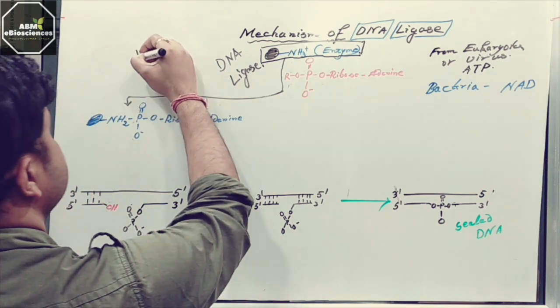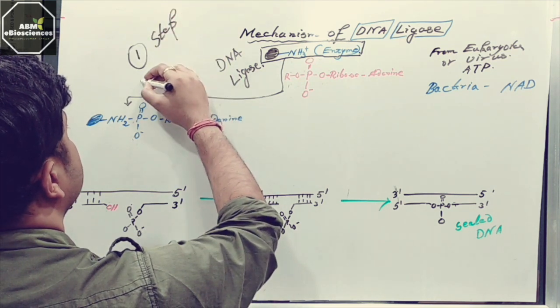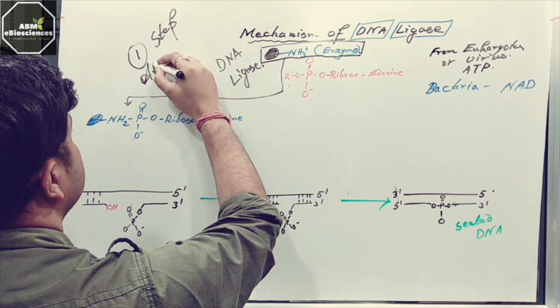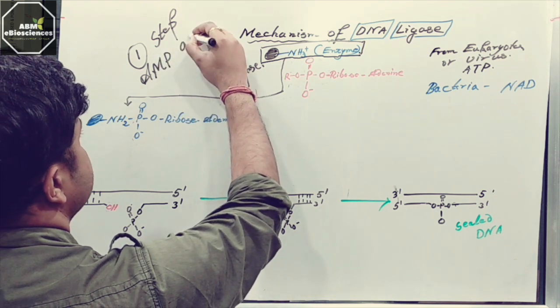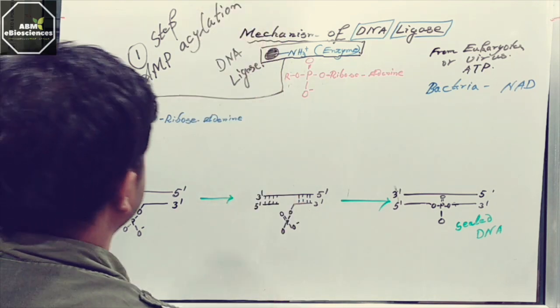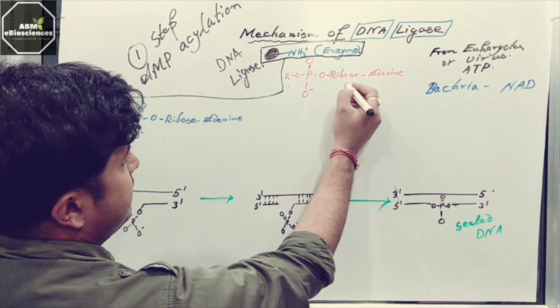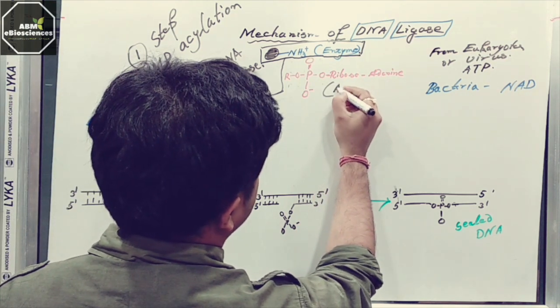So the first step is AMP acylation. Here this is the AMP form.